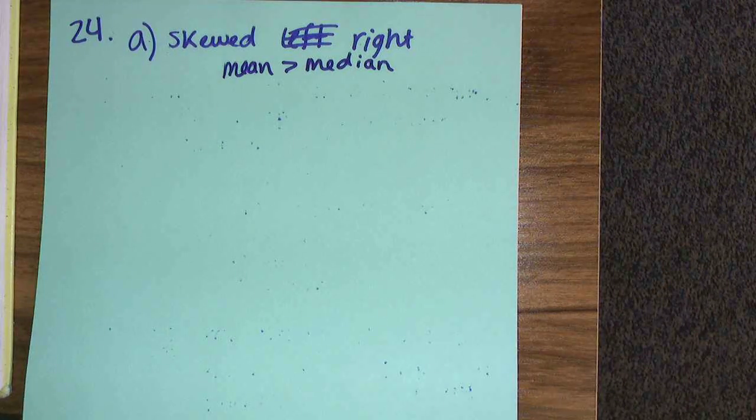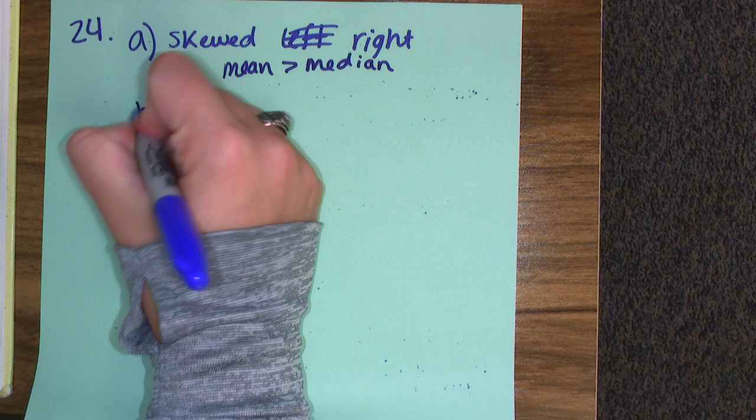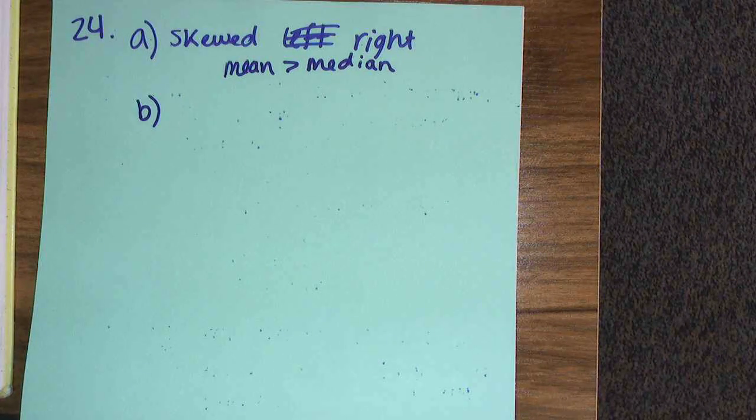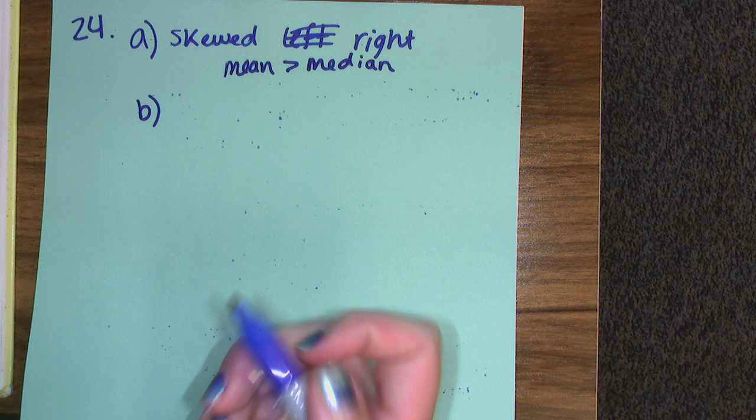Let's see. Then B, are there any outliers? So how do we check that? Which is what?